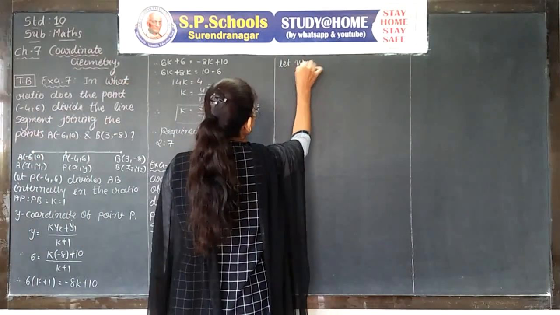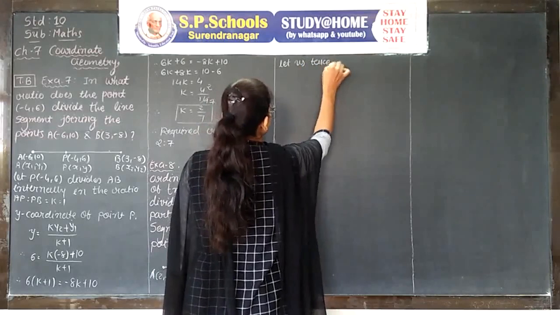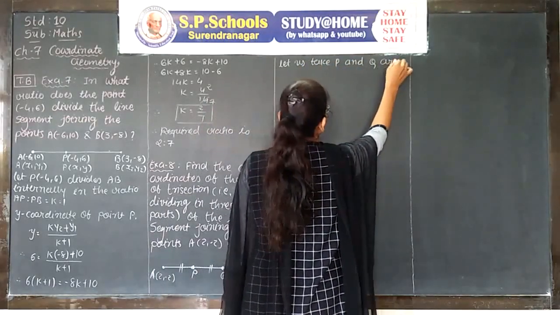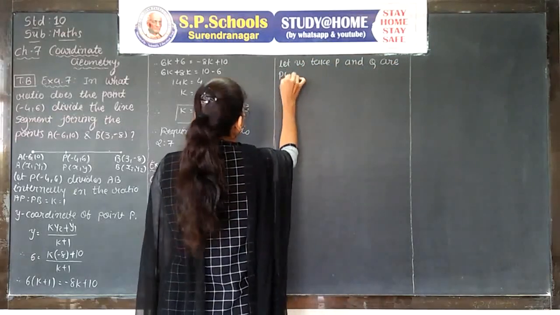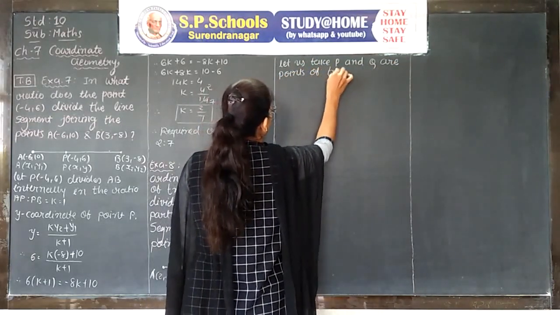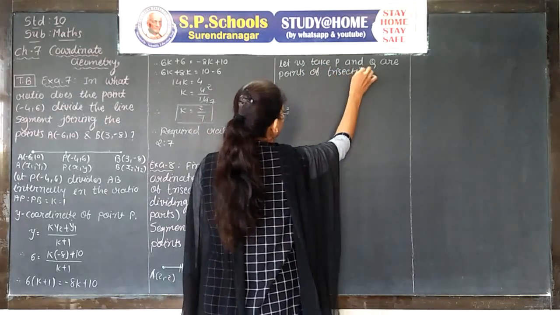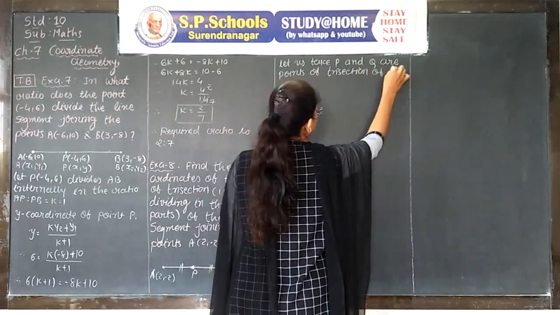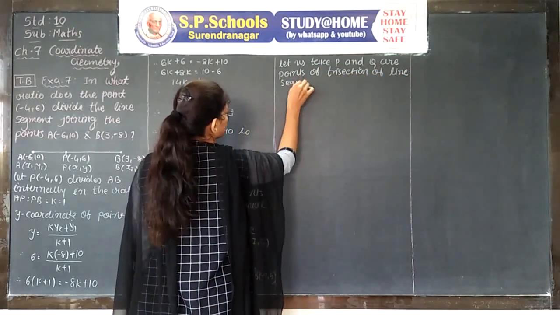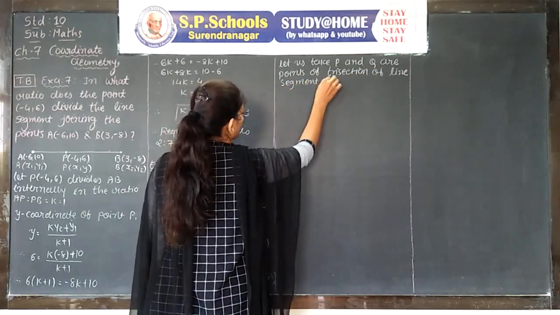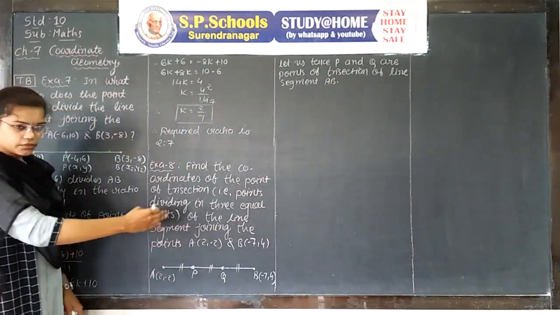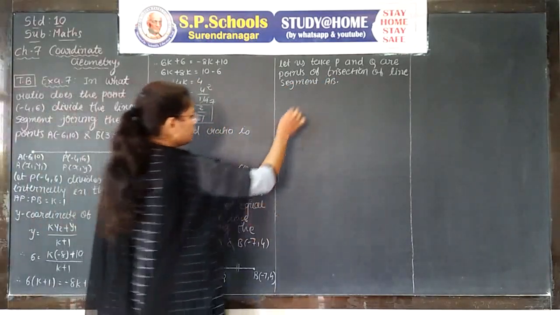Let P and Q be the points of trisection of line segment AB. Here AP equals PQ equals QB.